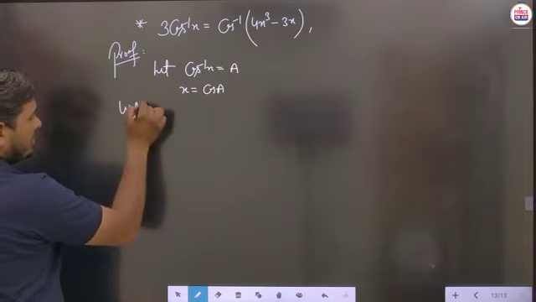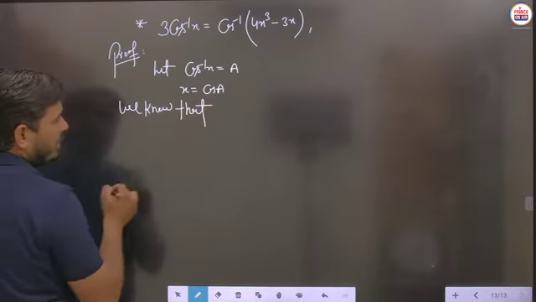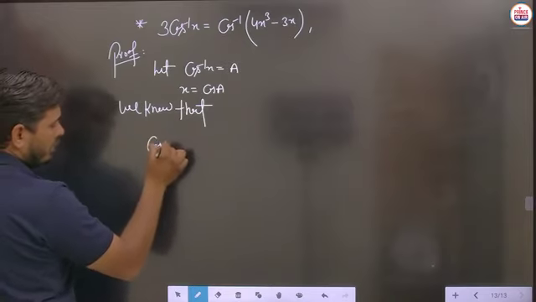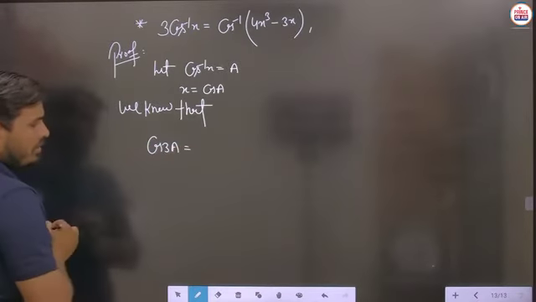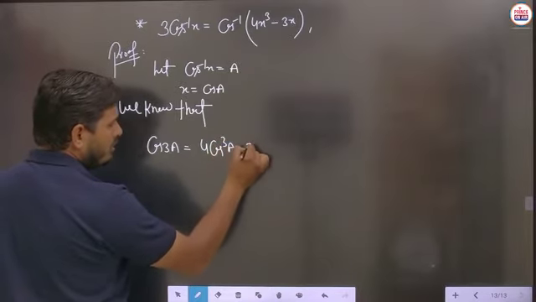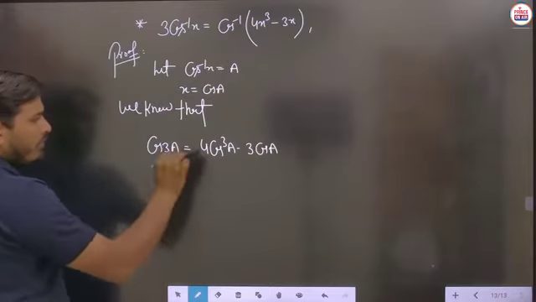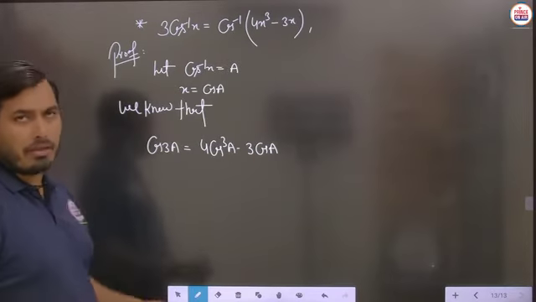Now we know that the formula of cos 3a, I think each and every student knows very well, is written as 4 cos cube a minus 3 cos a. Now you can write down the value of cos a from here, that is x.